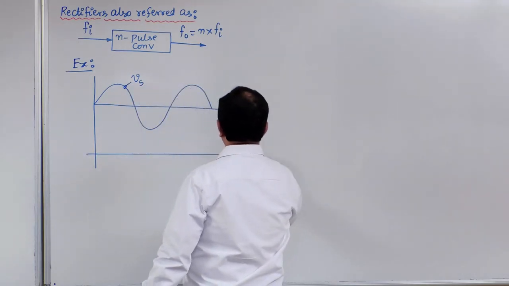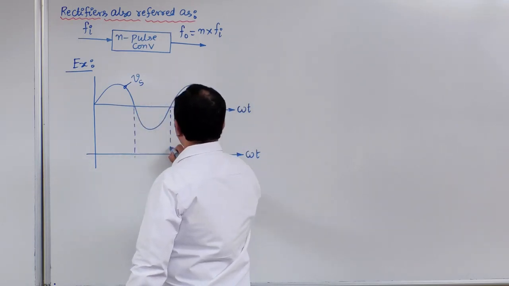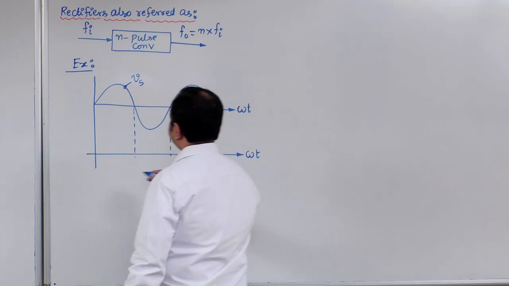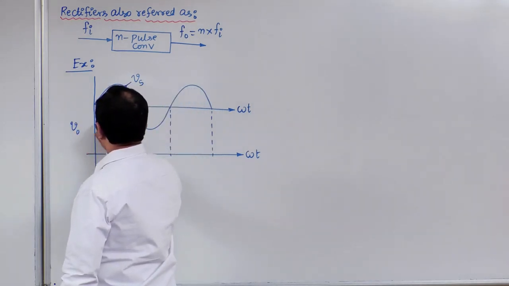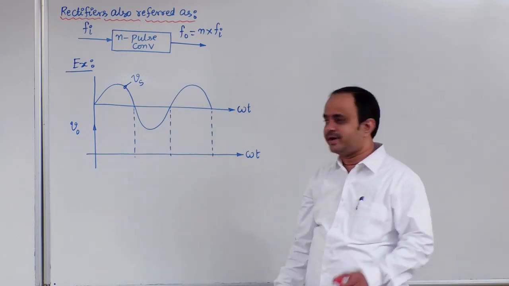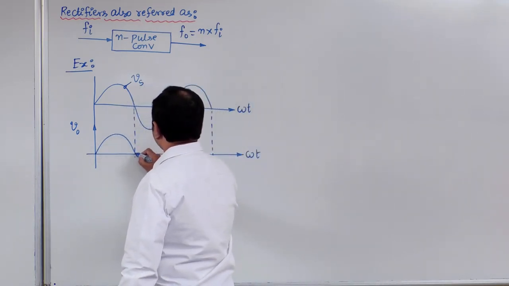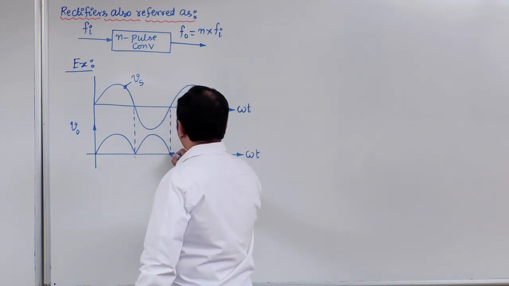Now I will show the output voltage of one particular rectifier circuit. That is something like this. Now observe carefully.